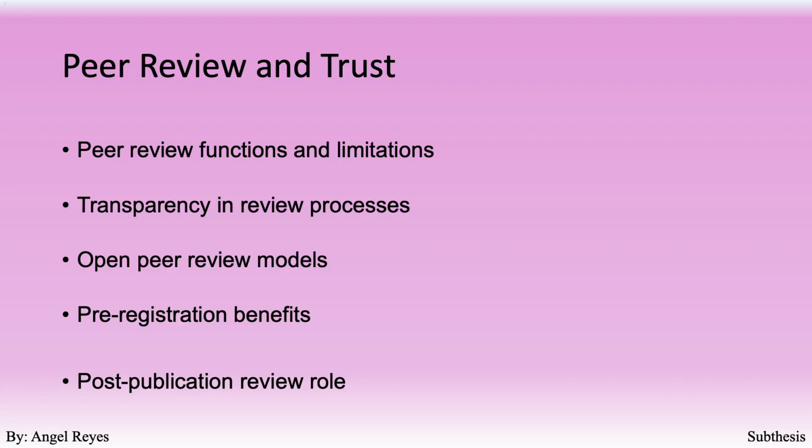Growing transparency in review processes helps address these concerns by making criteria explicit and reducing potential favoritism. Open peer review models, where reviews and reviewer identities are published alongside articles, create accountability and recognition for this crucial work.